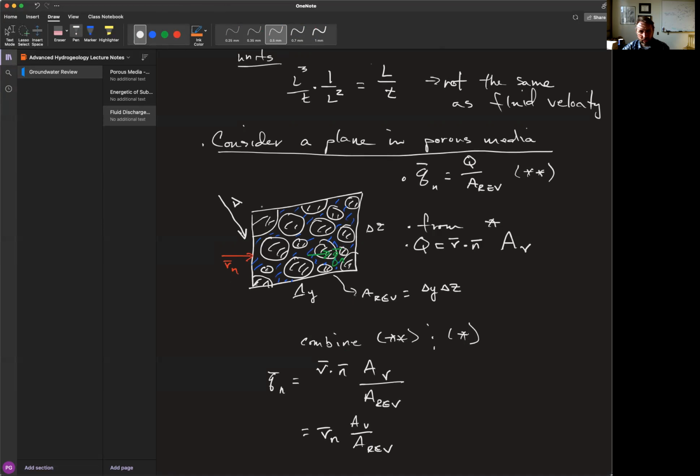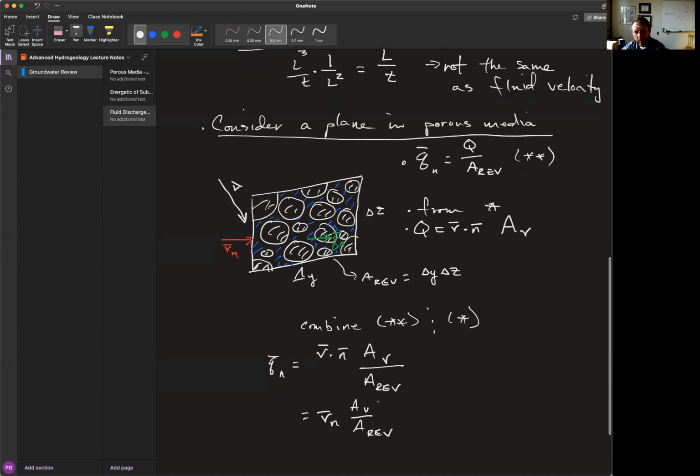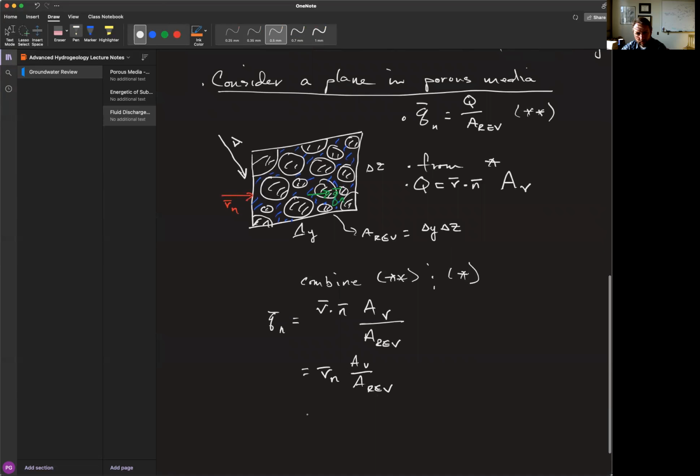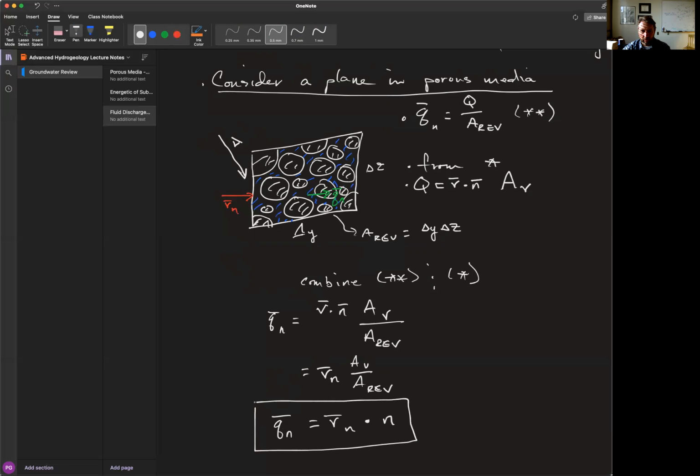And the ratio of these areas is equal to the porosity. So my discharge, Q sub n, is equal to my normal velocity times the porosity, n. Right, and this is an important relationship. It relates discharge, or I'm sorry, flux and fluid velocity.